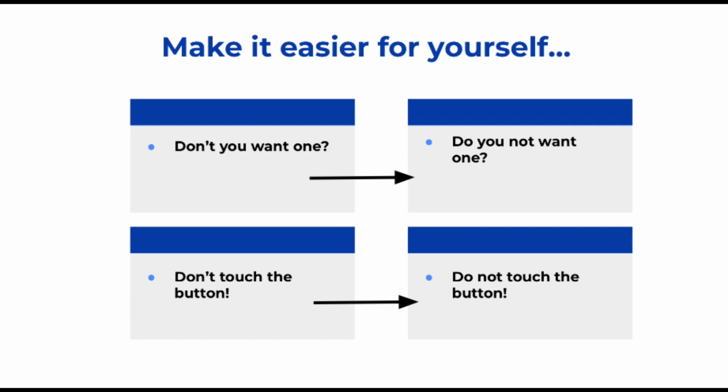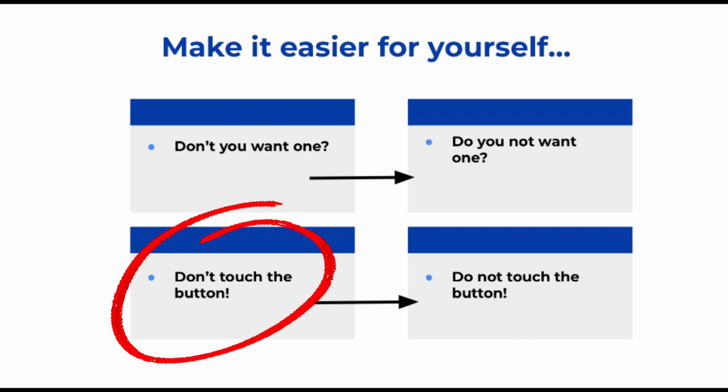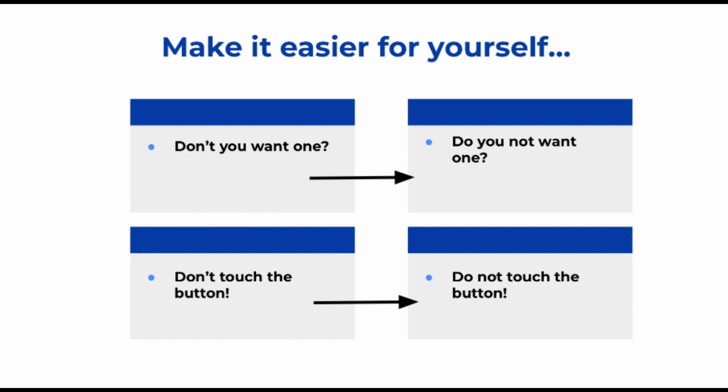So we have this example right here. Don't you want one? Would be, without the contraction, do you not want one? If that makes sense, okay? Let's try this next one. We have don't touch the button. Do not touch the button. Both ways are equally as correct, but it might be more common to hear don't instead of do not.